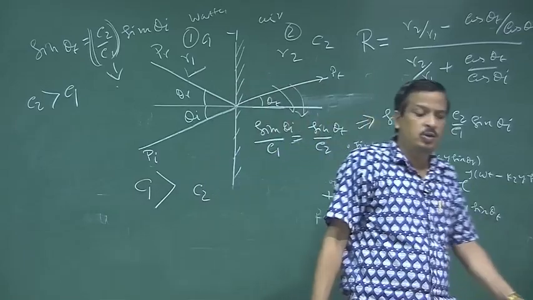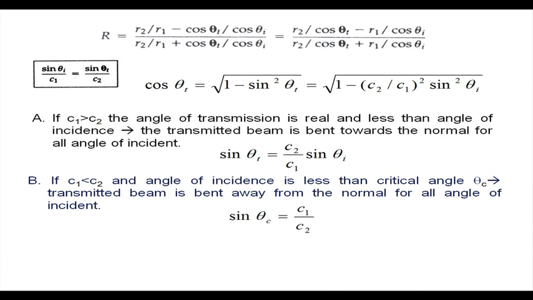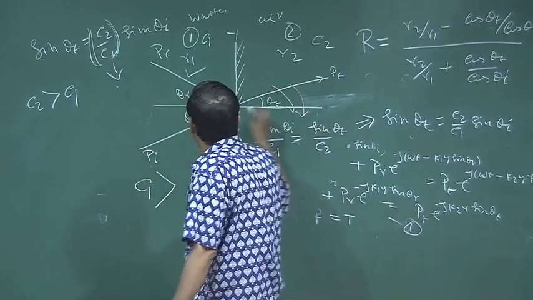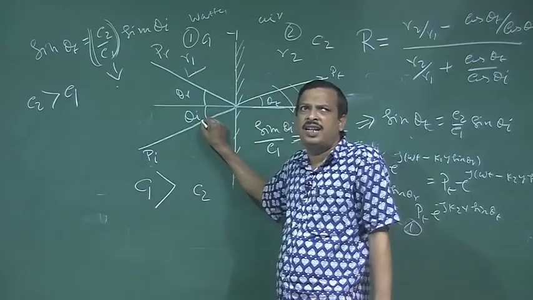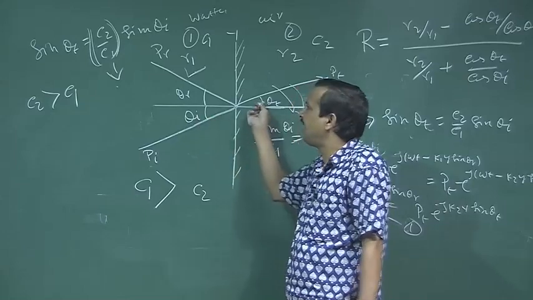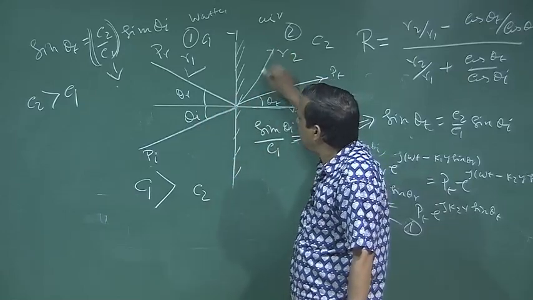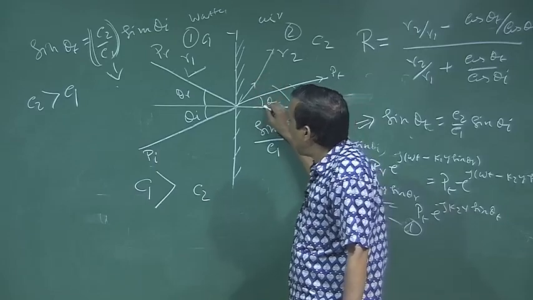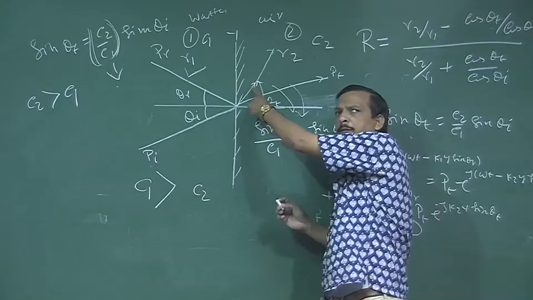So, theta t may be greater than theta I, which means the transmitted wave will go away from the normal.